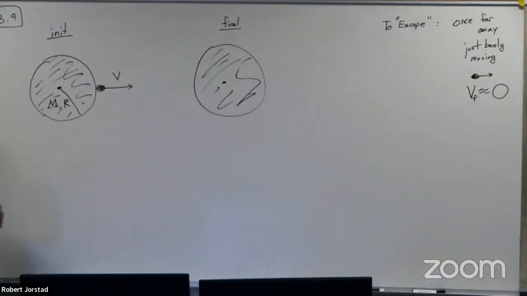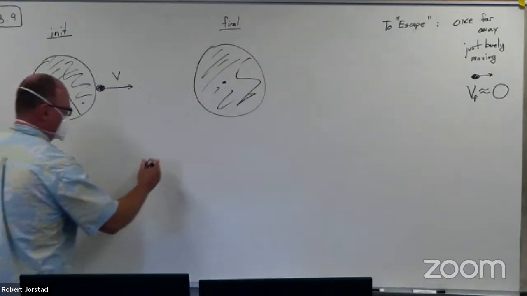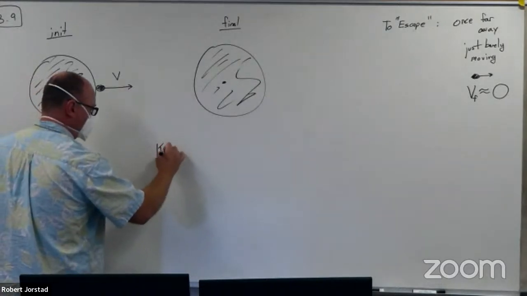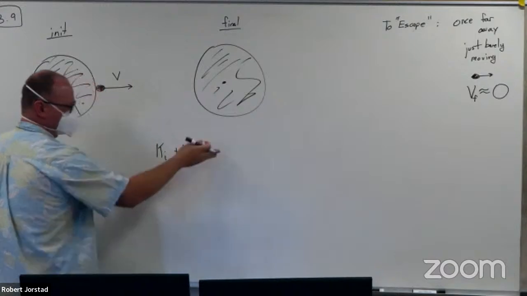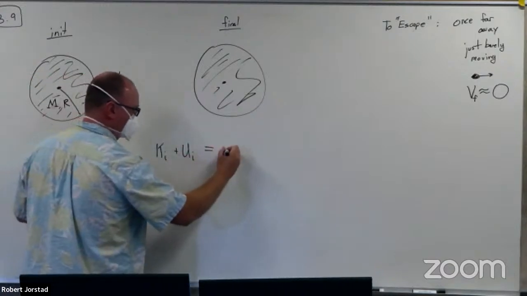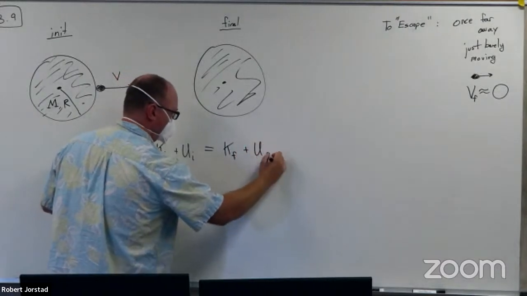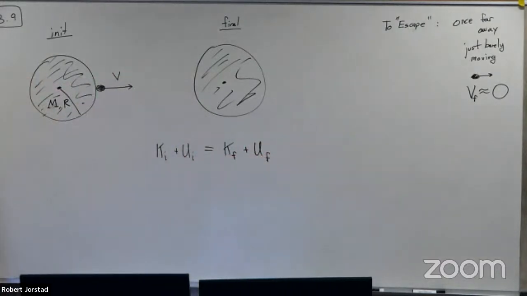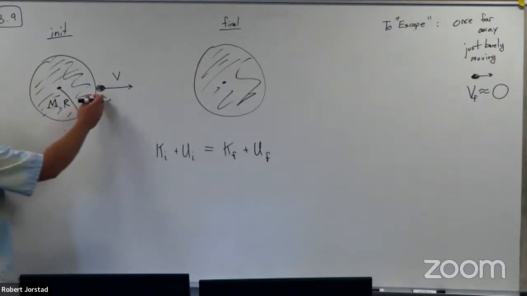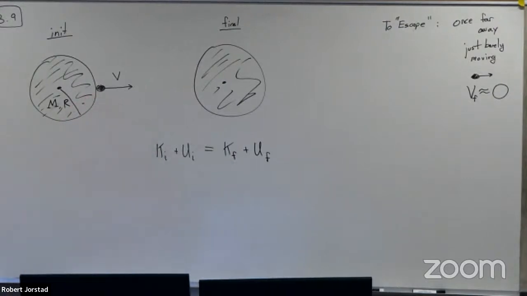So now, let's write down. I'm going to set the work term to 0. Obviously, this is not perfectly accurate because to escape the atmosphere of the planet, there would be some work done, but we're going to ignore that. Maybe we got to start somewhere.